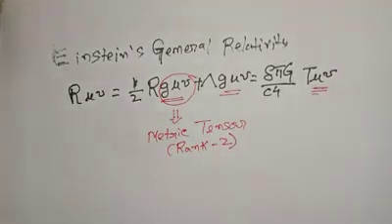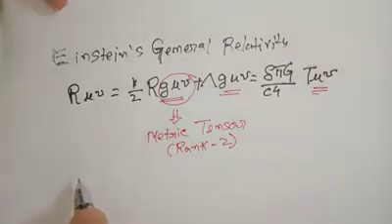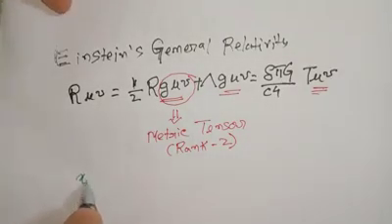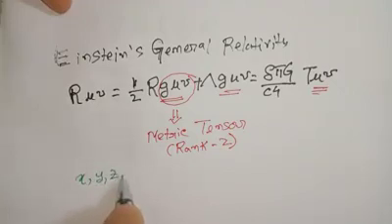So tensors are also used in Einstein's general theory of relativity, and tensors used in general theory of relativity are of rank 4. That means we can write here x, y, z and t.